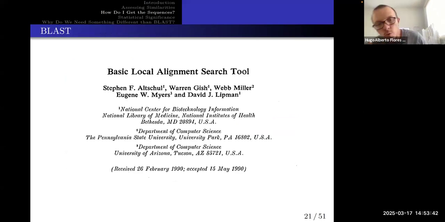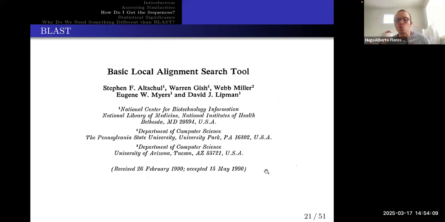What is BLAST? Well, BLAST stands for Basic Local Alignment Search Tool. This is an algorithm that helps you to find sequences that are similar to the one you are interested in exploring. This algorithm is from 1990.